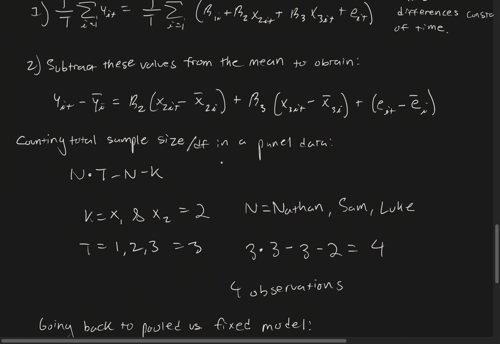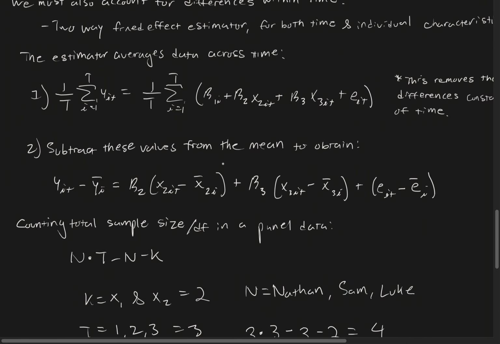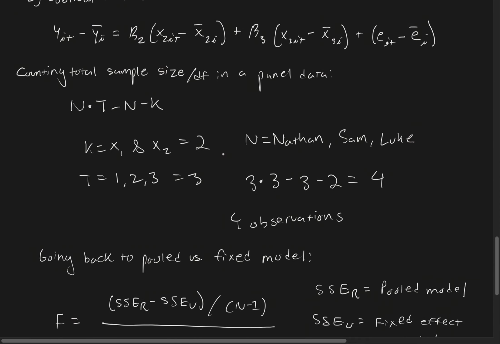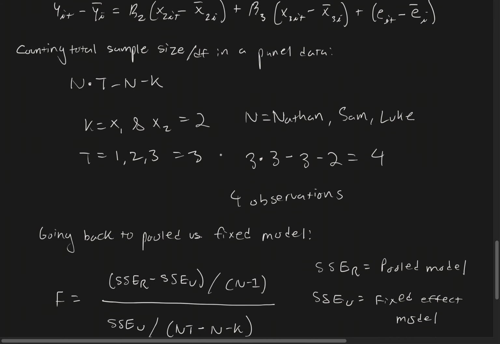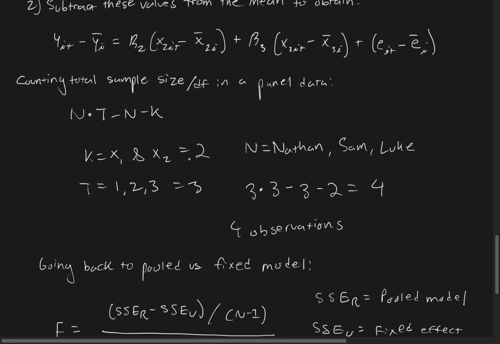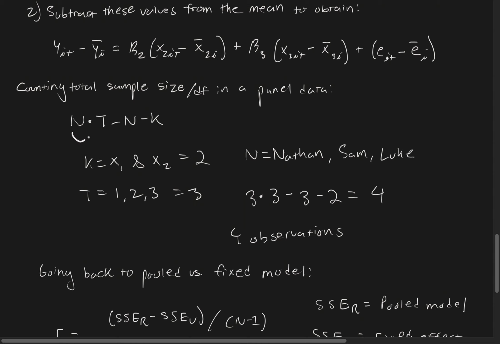All right, so the way we count what we call the sample size or the degrees of freedom in panel data is not the most simple. The formula I gave here is the way we determine how much data or sample size we have, given by n times T minus n minus k. And so the n is represented by the number of individuals.